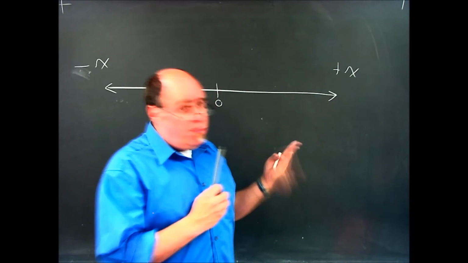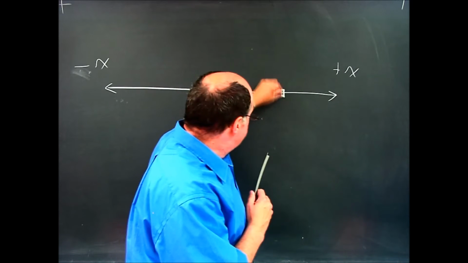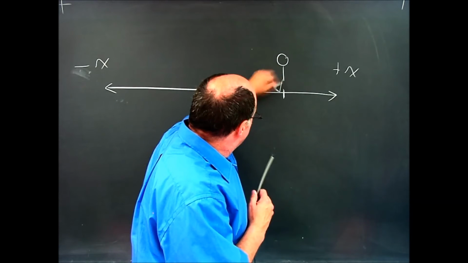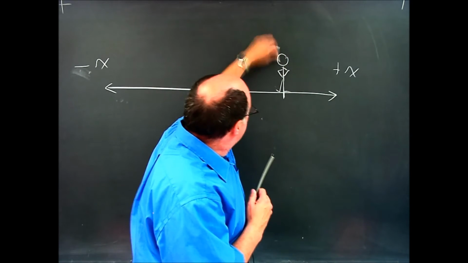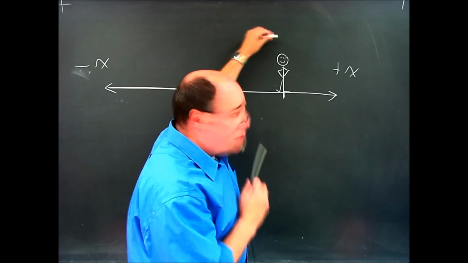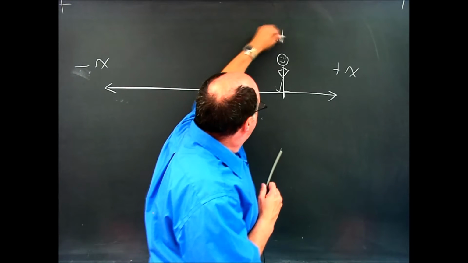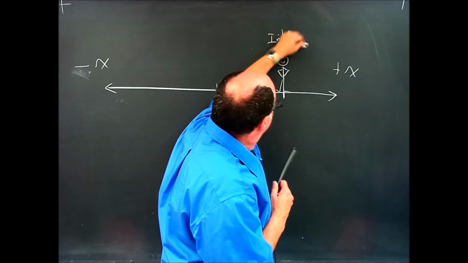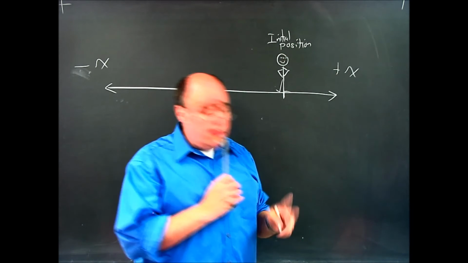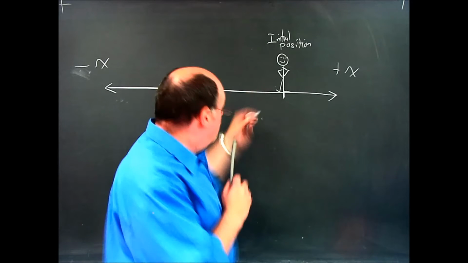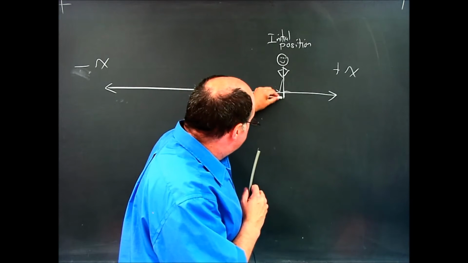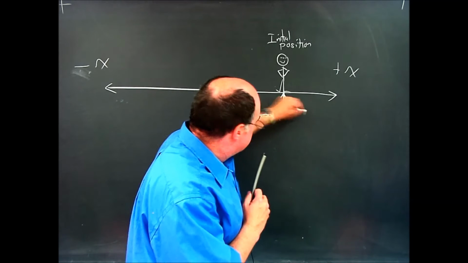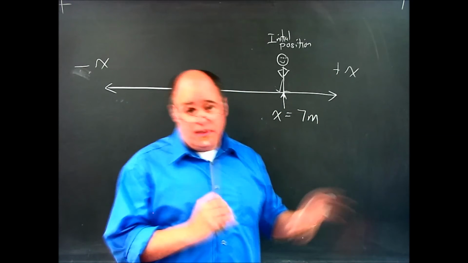So we could have a person standing right here at a certain position, and this could be their initial position. Let's just give them a number. So this person could be standing at x equals 7 meters. I just made up a number of 7.